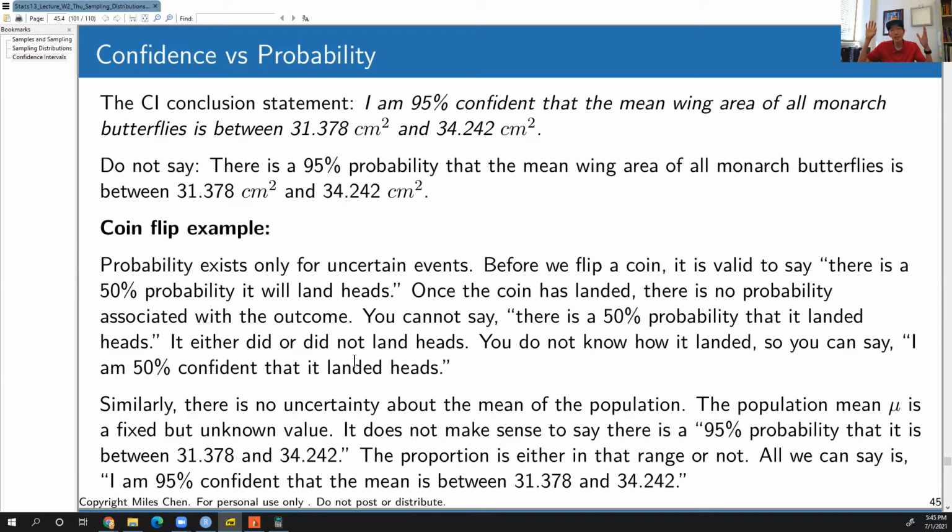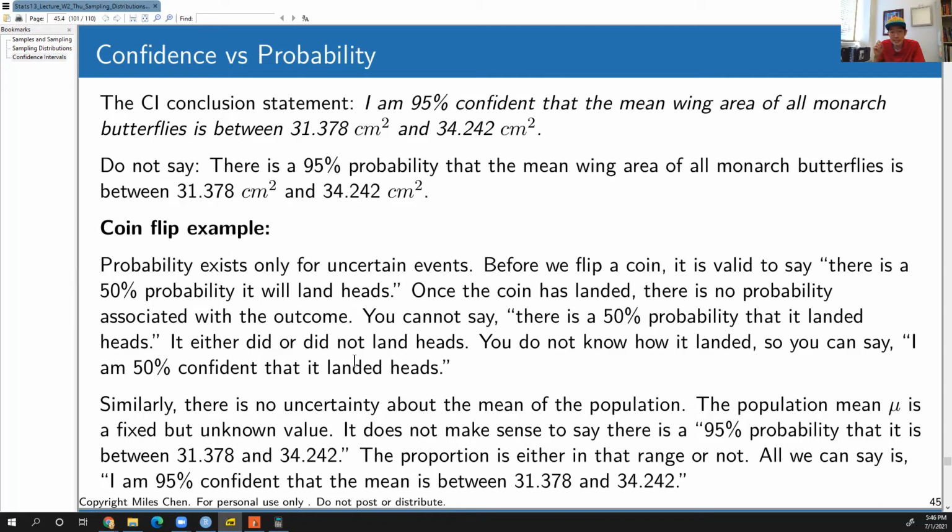Like if I, again, were to freeze time, go on some butterfly hunting mission, capture every single butterfly, all 100 million of them, and I measure every single wingspan or wing area, and I calculate the mean of all of these things, there's going to be an exact mean value for the population of butterfly wing area, right? It's going to be some exact value. There's no uncertainty associated with it. It's just some set value.